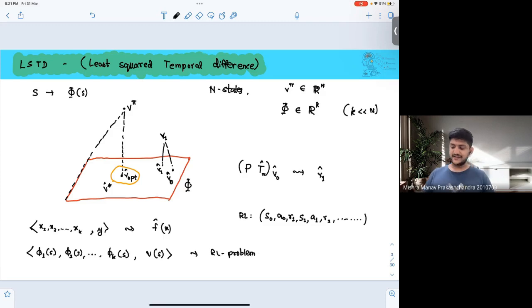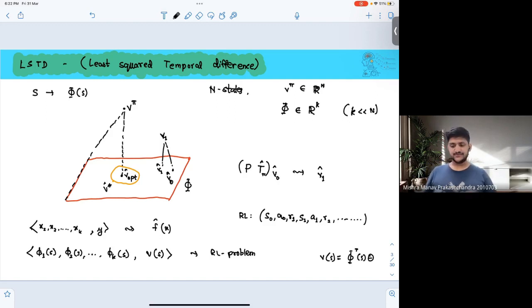And how do we estimate the value function? Let's say we are looking at just the linear parameterization. Then my value function v of s is simply phi transpose of s times theta, where theta is the weights of the polynomial or the neural network, whatever regression model you are employing.